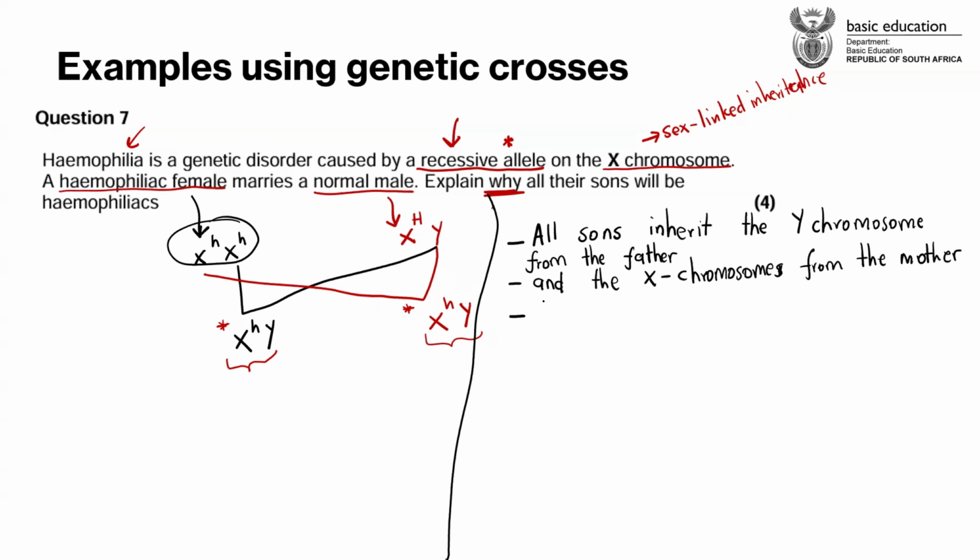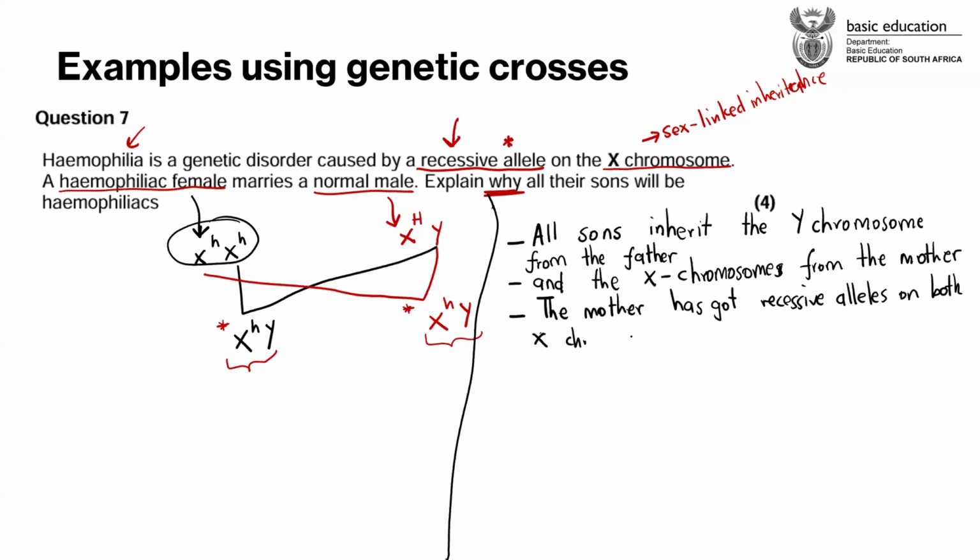So in this case, the mother is hemophiliac, or you can say both the X chromosomes of the mother have got a recessive allele. The mother has got a recessive allele on both X chromosomes.